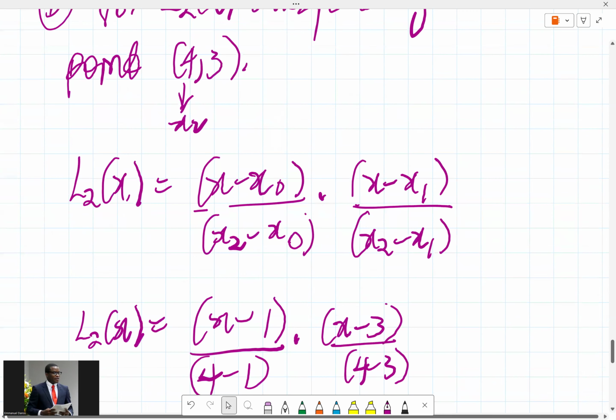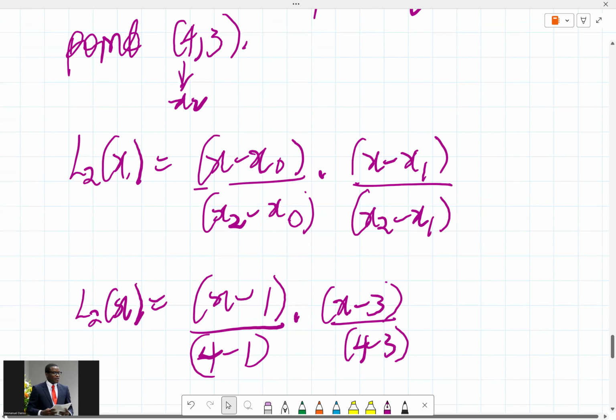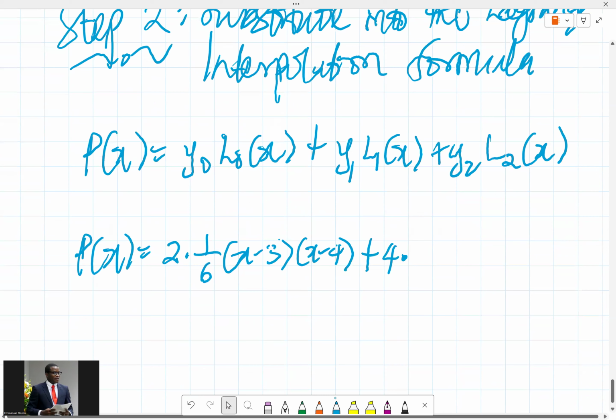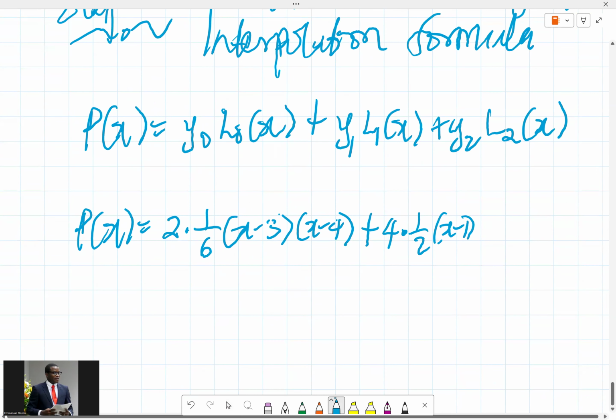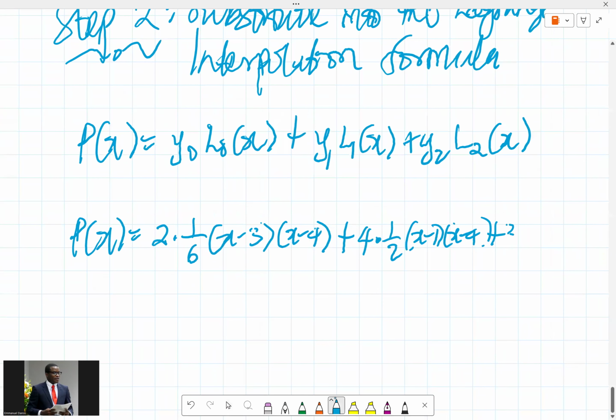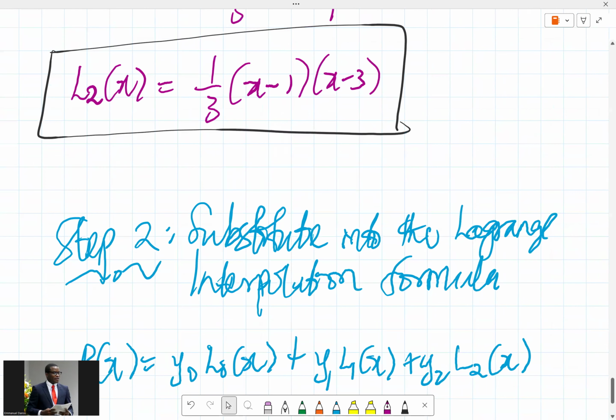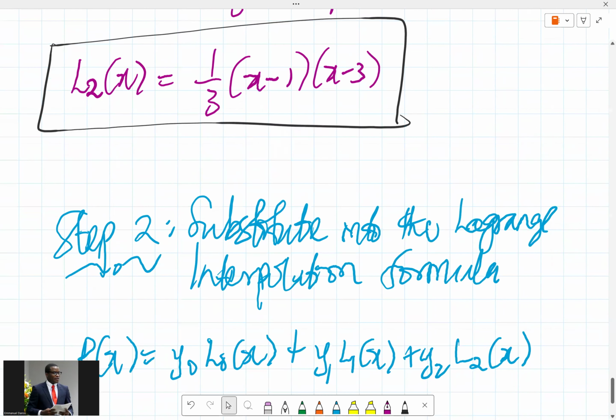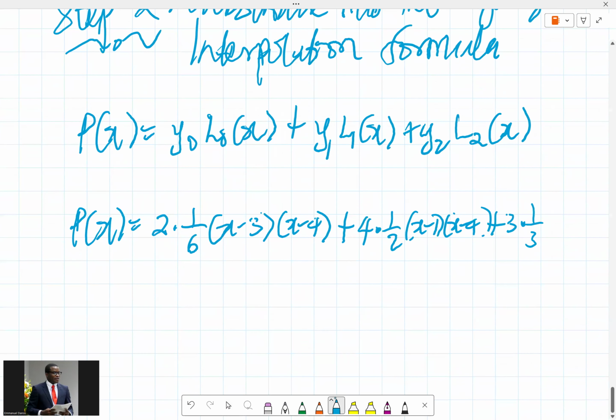L1 of x is 1 over 2, x minus 1, x minus 4. Then y2 is 3 multiplied by L2 of x, which we just got. That's 1 over 3 into x minus 1, x minus 3. Like that. With this now, we can tidy things up.